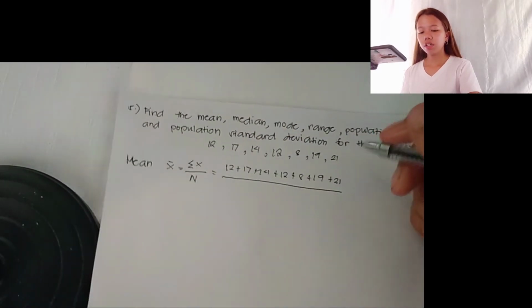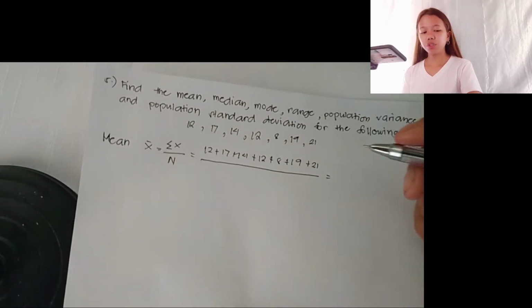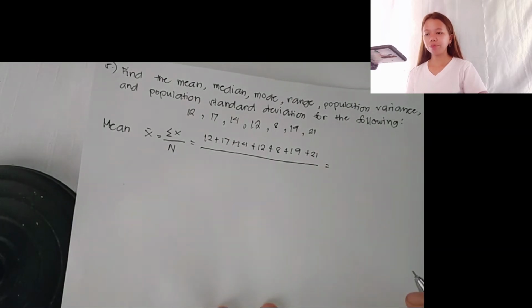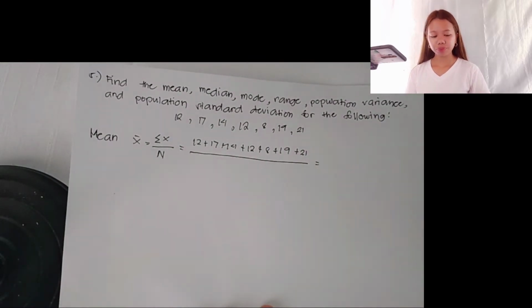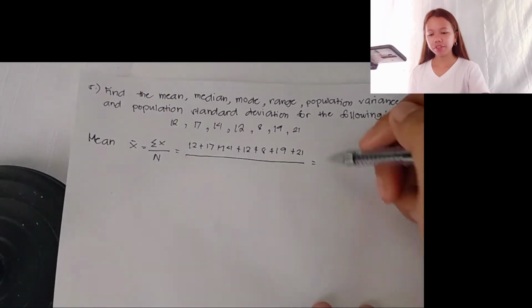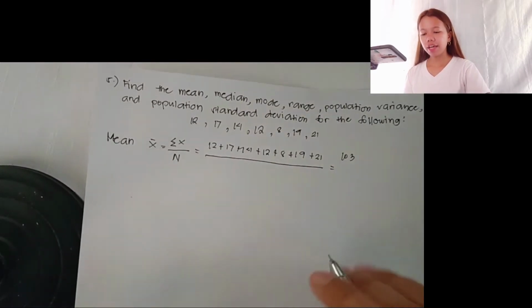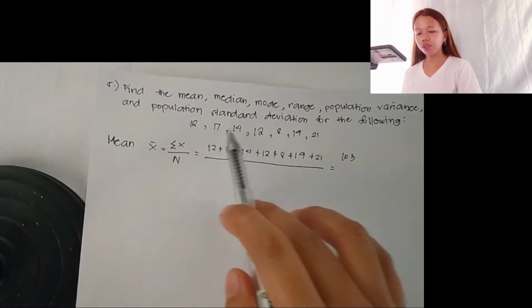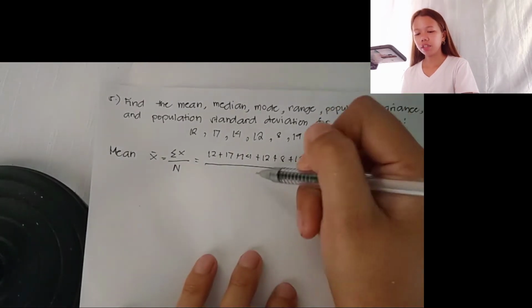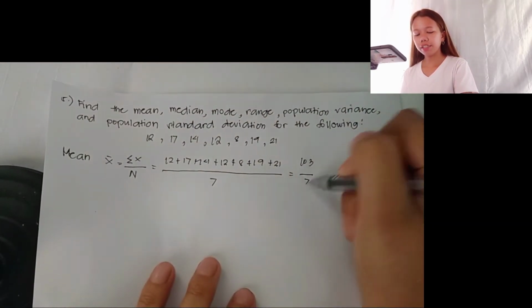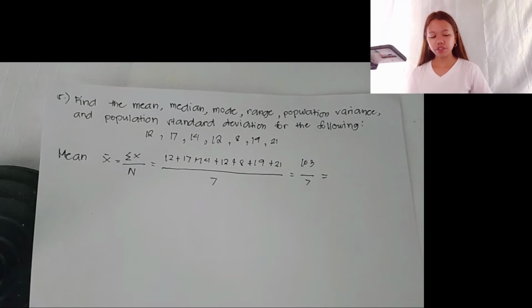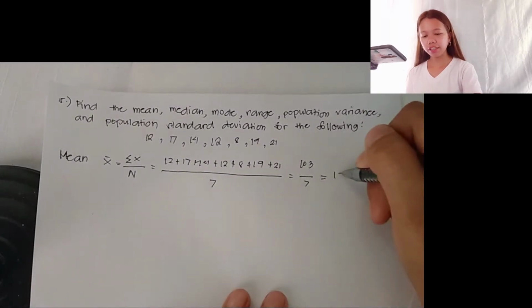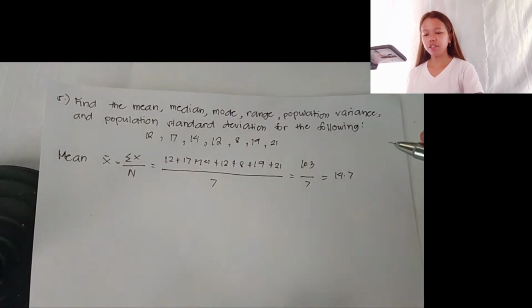So that would be 103, and the number of values are 1, 2, 3, 4, 5, 6, 7, divided by 7. So the answer, or the mean, is 14.7.